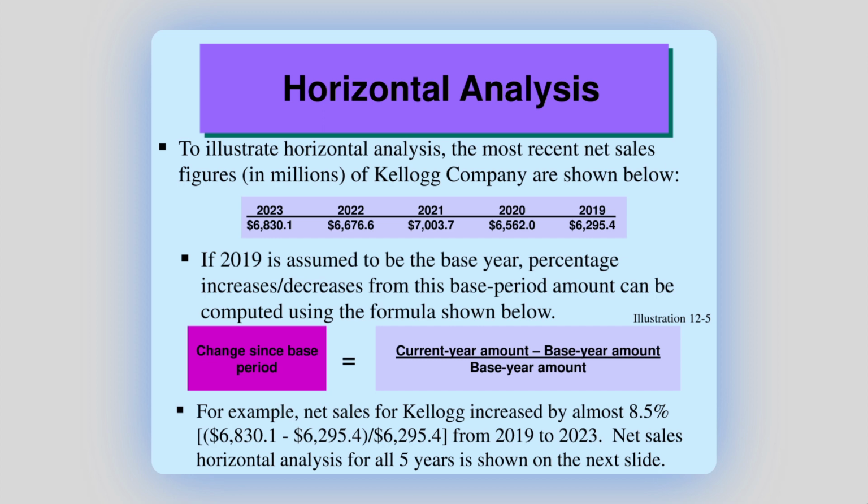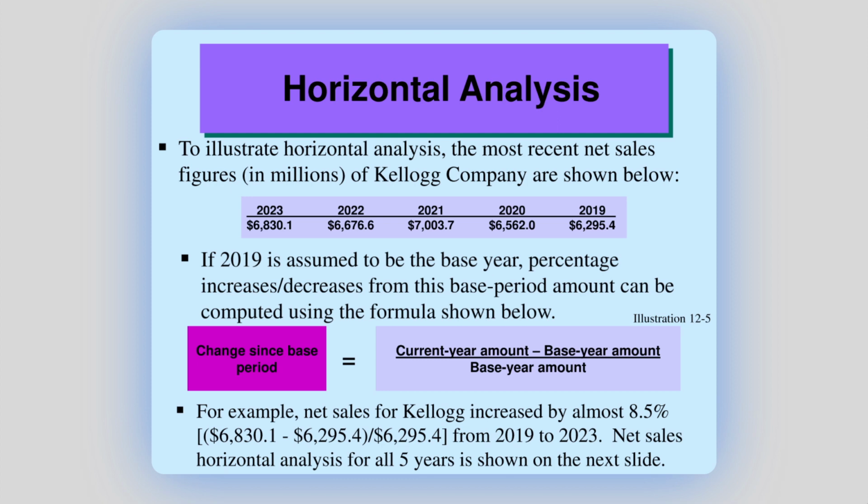For example, we want to know the change from 2019 to 2023. 2023 is our current year, so 6830.1 minus 6295.4 divided by 6295.4, and that would be your increase from 2019 to 2023.